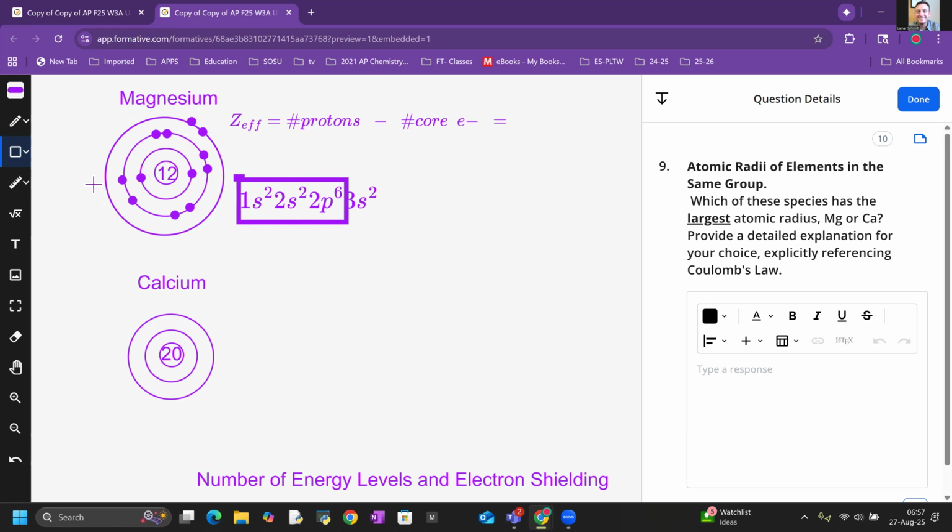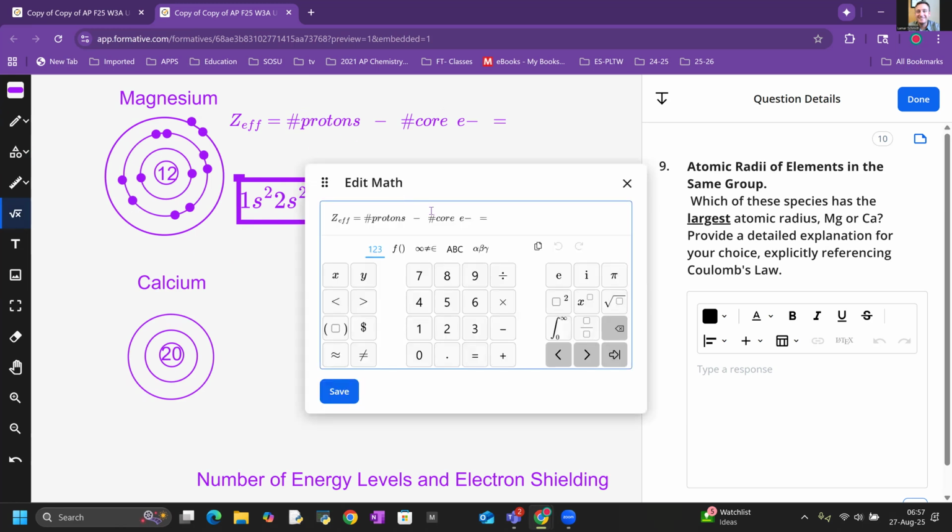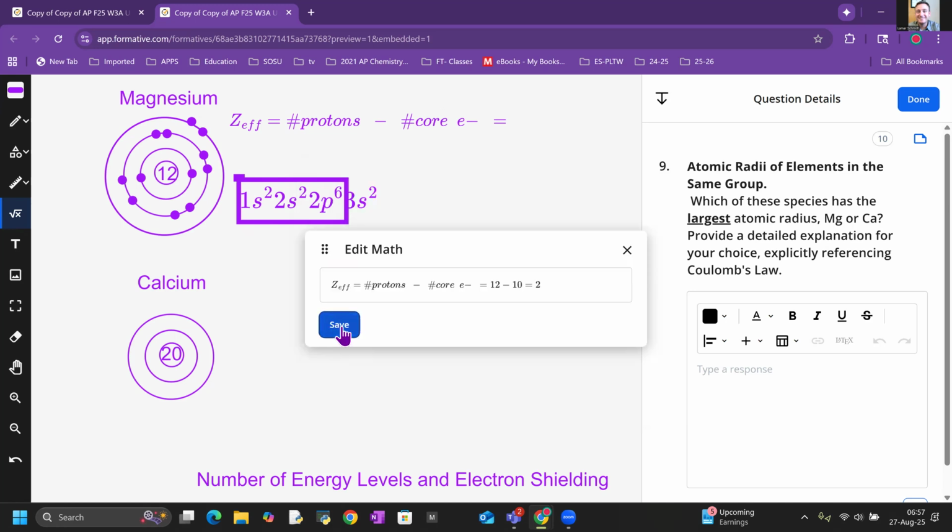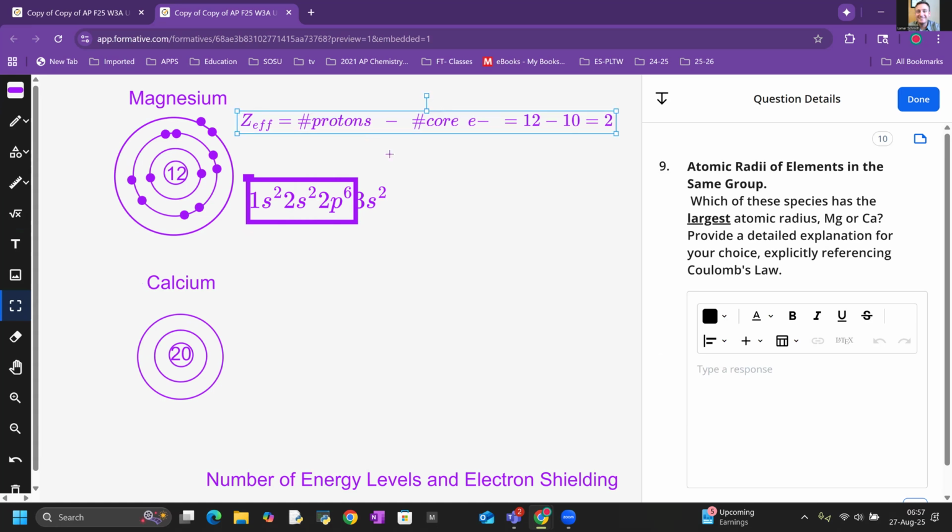They are not electrons in the outer energy level. And so we can get the effective nuclear charge real easily by simply looking at the number of protons. That's 12 minus, and then how many core electrons do we have? 10. So the effective nuclear charge of the magnesium atom, not the ion, is 2. All right, so we see that it's 2.